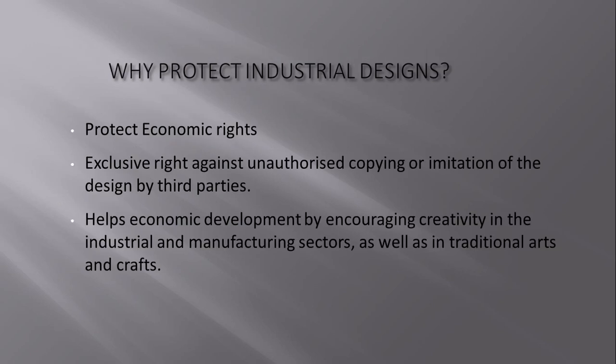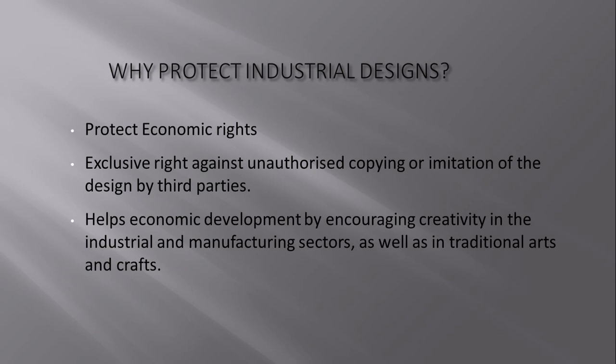So the reasons for protecting industrial designs are also the same as the ones for protecting patents or utility models. You want to benefit from the fruits of your labor.